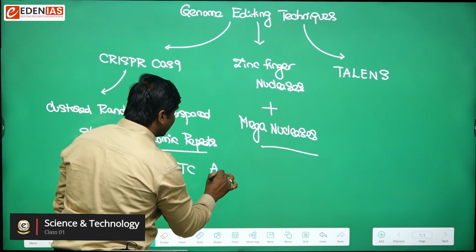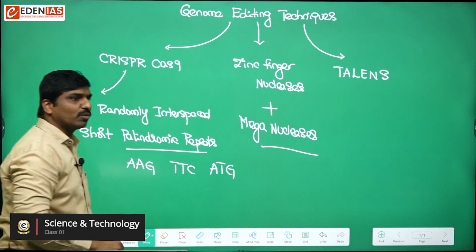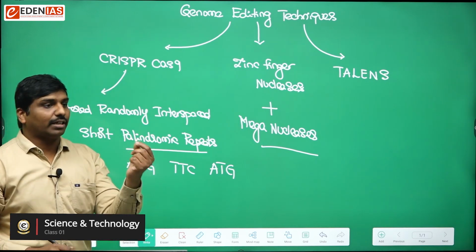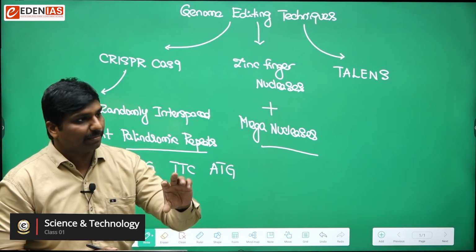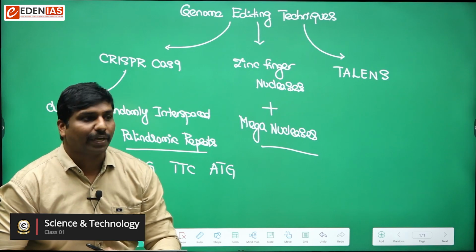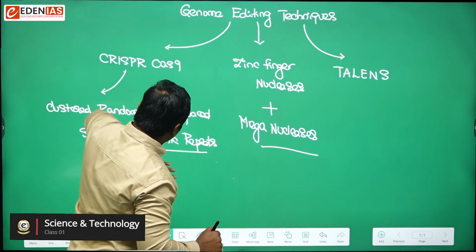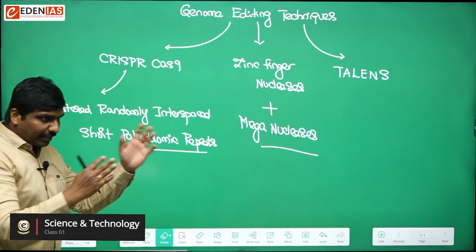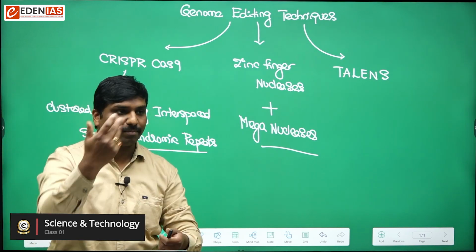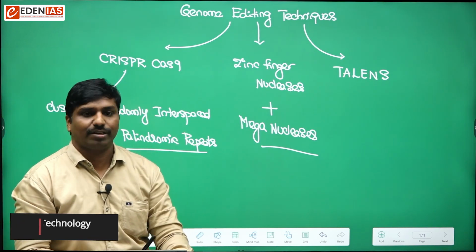Like ATG. Likewise, three purines or three pyrimidines will combine and make a codon. Likewise we have around 64 such codons in the entire genetic makeup.